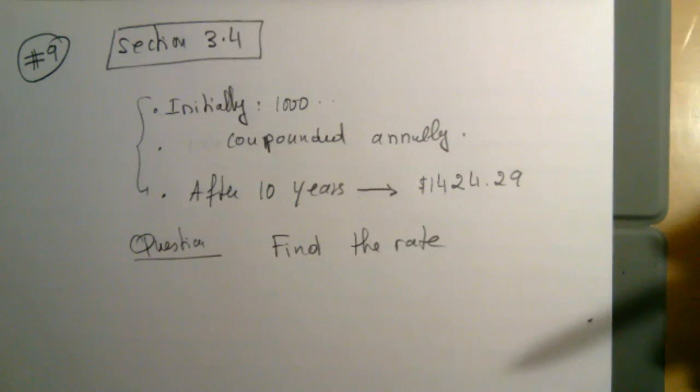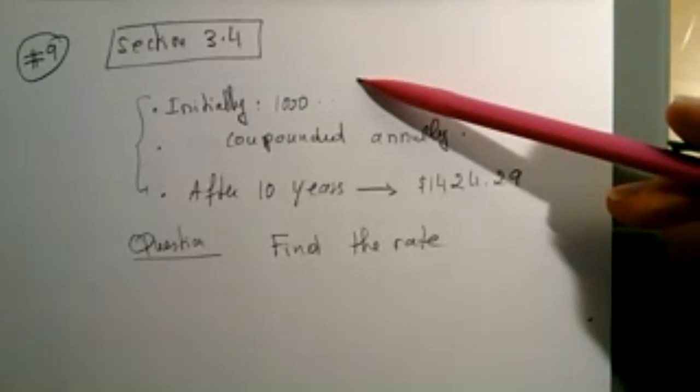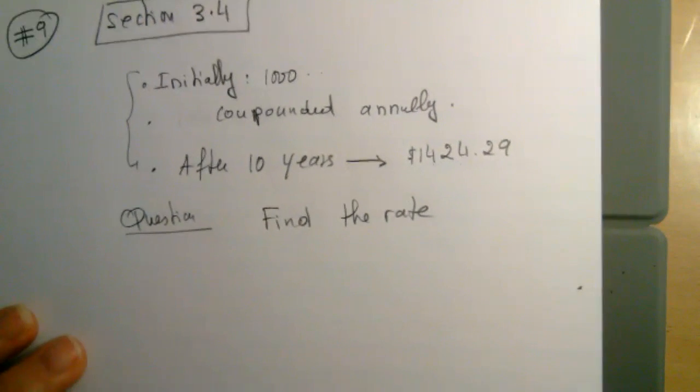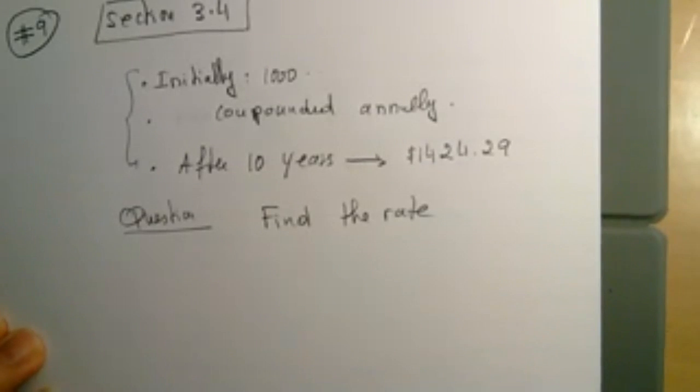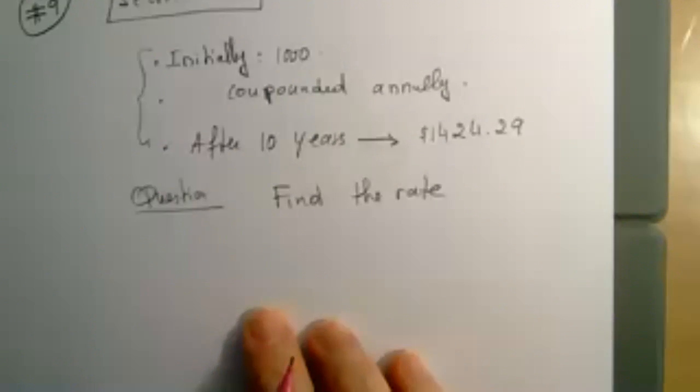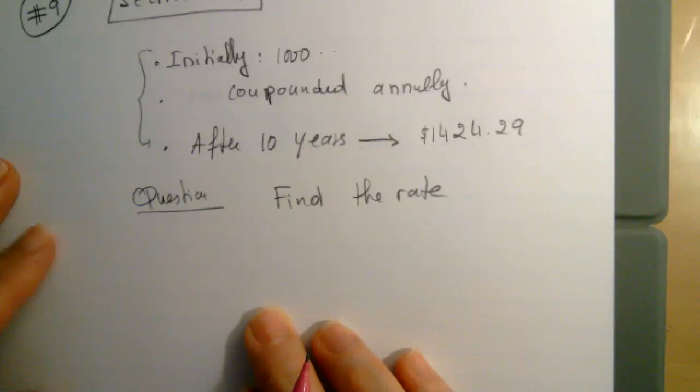So how can I find the rate? I know the initial. I know that I want the rate. Ideas? It's an equation. It's absolutely an equation. Let's see what's the equation.